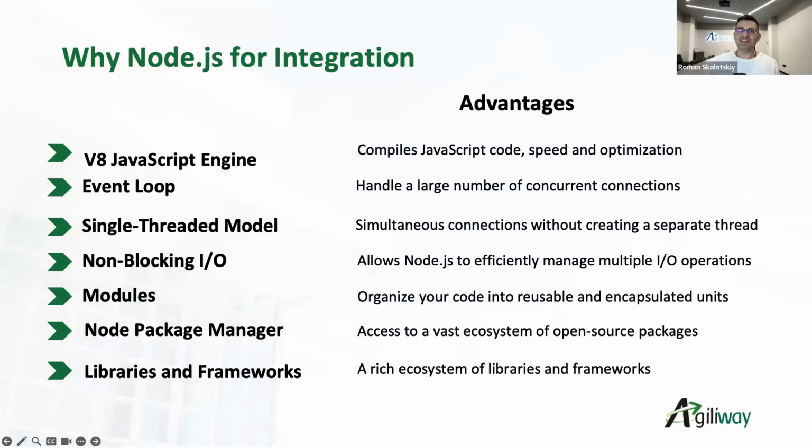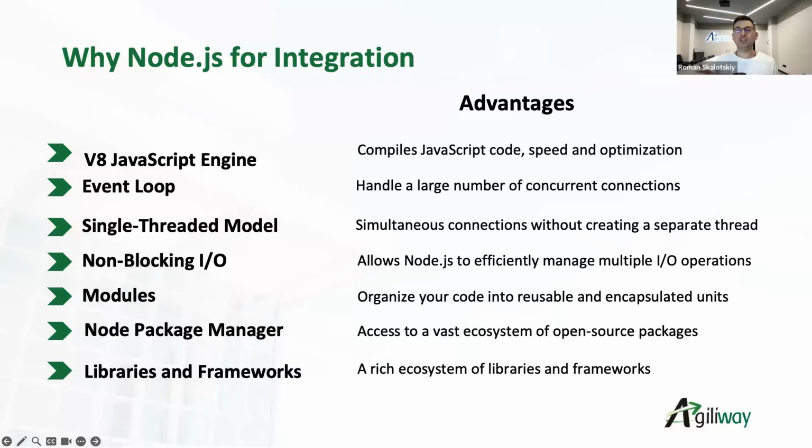Third point is the single-threaded model. Node.js uses a single-threaded event loop to manage all input-output operations. This single-threaded model is essential for handling a large number of simultaneous connections without the overhead of creating a separate thread for each request.